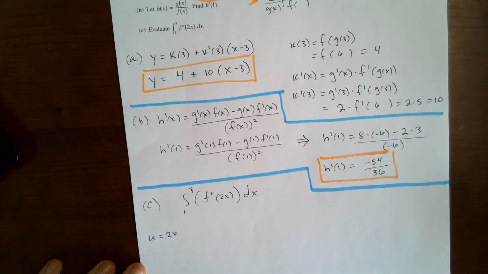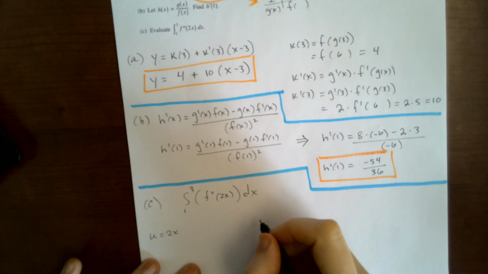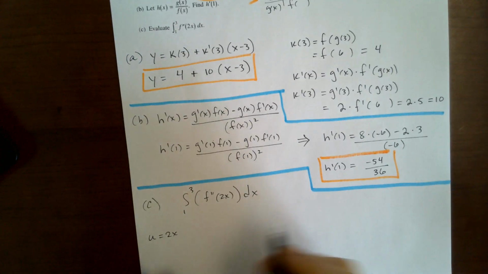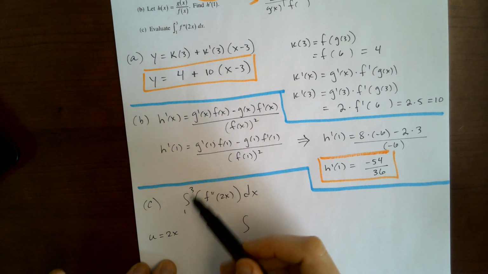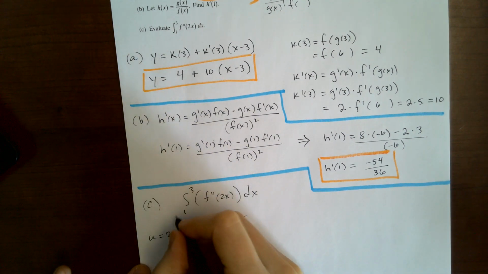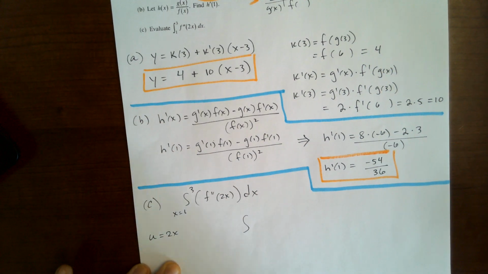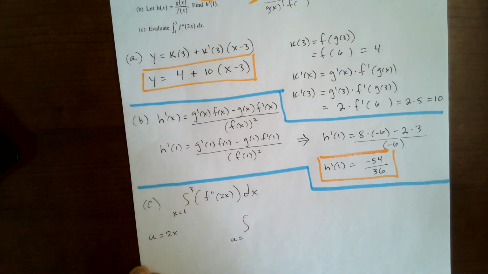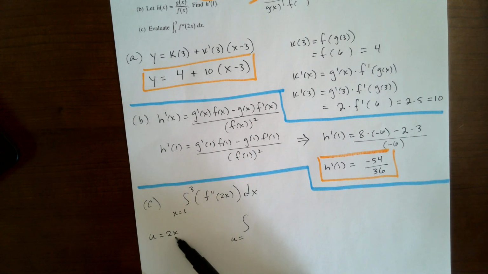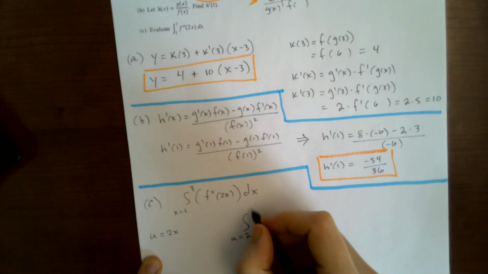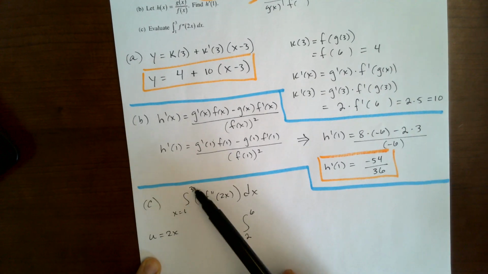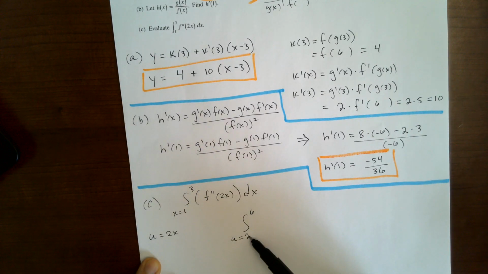So the endpoints of the interval are changing. Right now, these are x values, x equals 1 to x equals 3. We need them to be u values. So when x is 1, u is 2. When x is 3, u is 6. So the x interval 1 to 3 becomes the u interval 2 to 6.